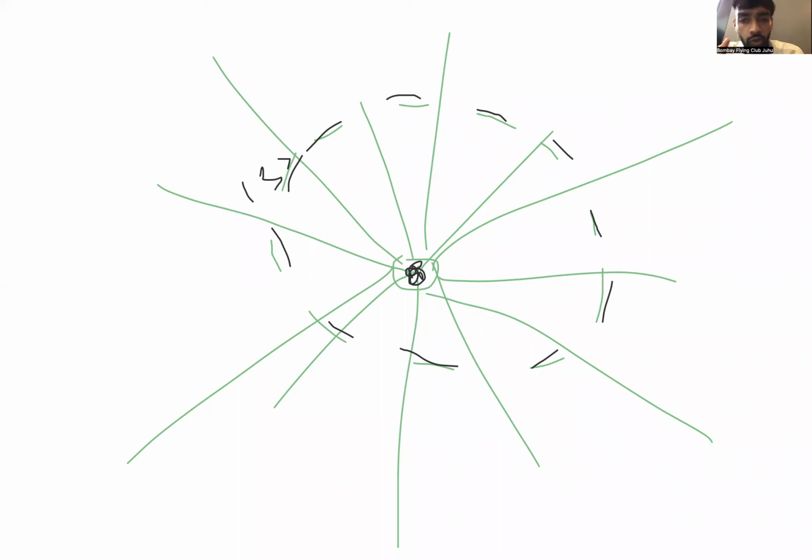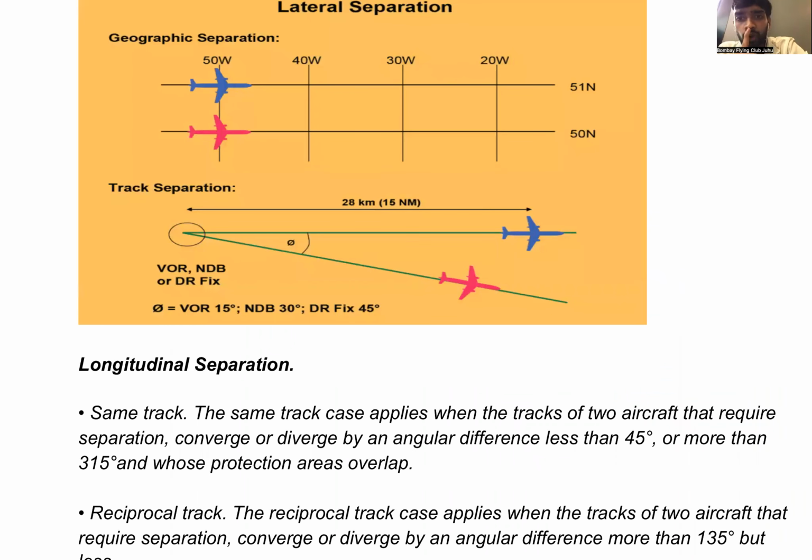And if they are using any navigation aid that is known as an NDB or VOR or something like that, then the aircraft shall be separated 15 degrees apart. How much? 15 degrees. Further, if they are using an instrument known as VOR, 15 degrees separation.